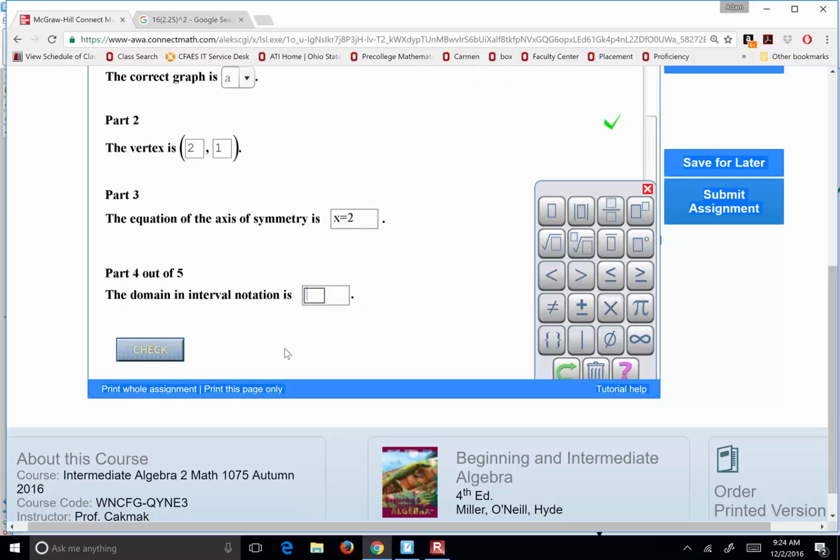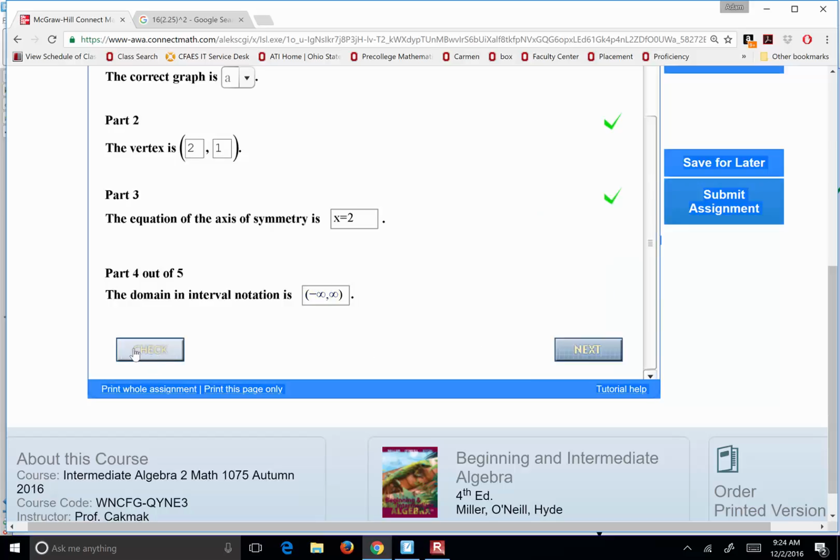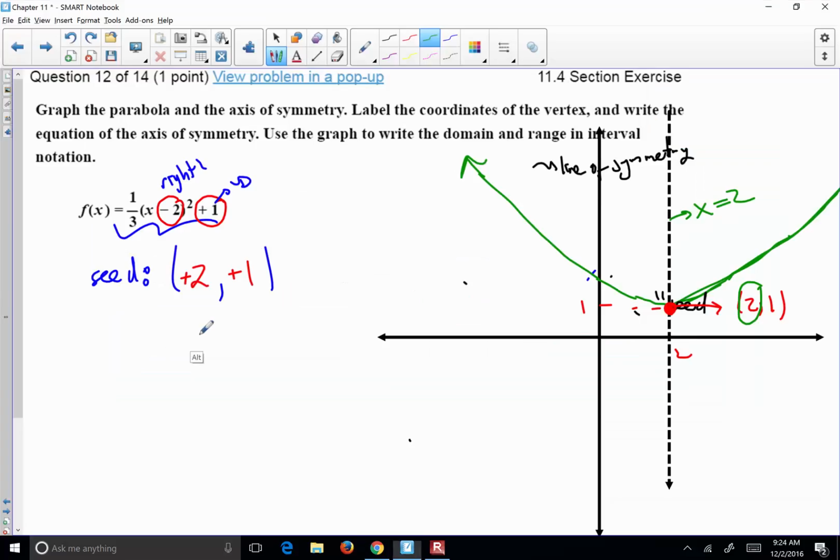What's the domain of any parabola? We mentioned this yesterday. It's always negative infinity to infinity. But the range changes. Range is when you smash this to the y-axis. It's the image happening on y.